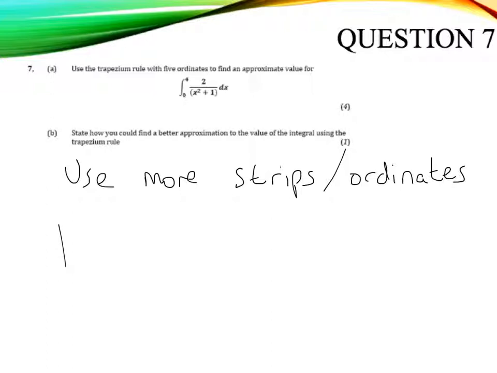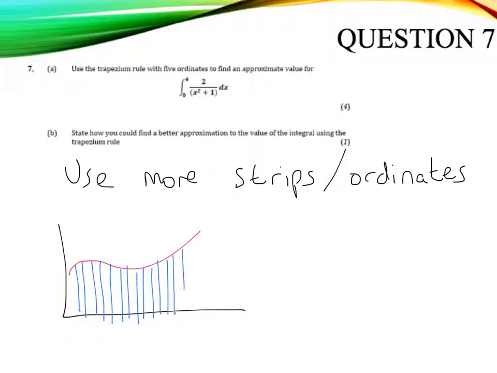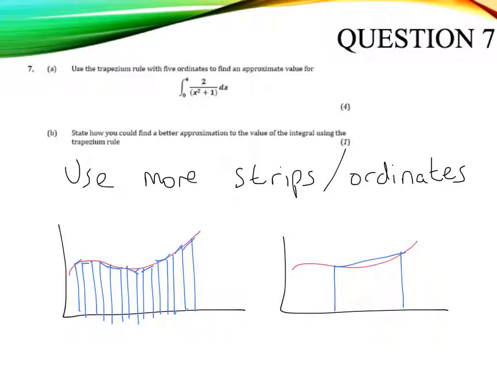All that happens if you do that is that you get smaller and smaller trapezia, which means that the bits that you're approximating at the top of your trapezia are going to get closer and closer to the line. Whereas if you only use 1 or 2 strips, then hopefully you can see that you've got much more not being on the line, if that kind of makes sense.